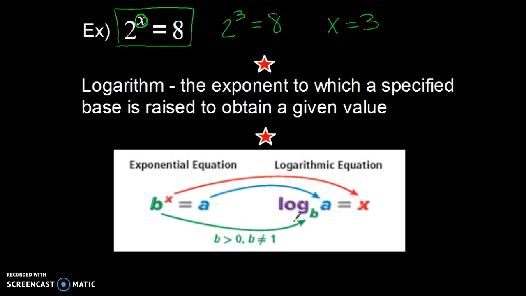We can convert that to logarithmic form by saying, well, log base b of a equals x. Remember, x was our exponent before. It's still the value of the exponent, but now we have isolated it.